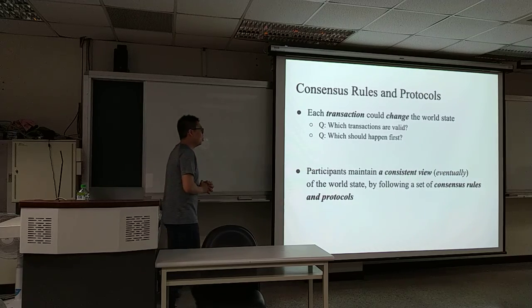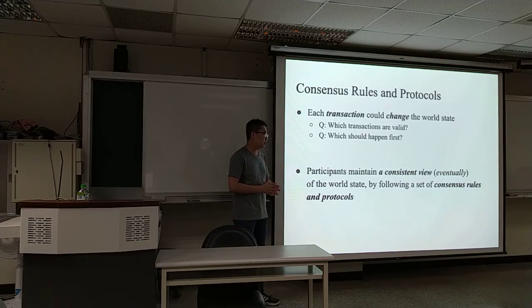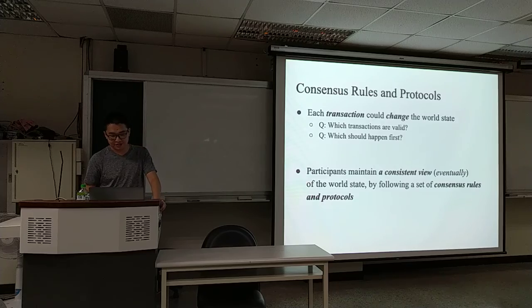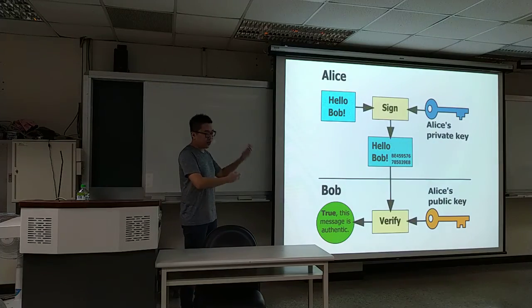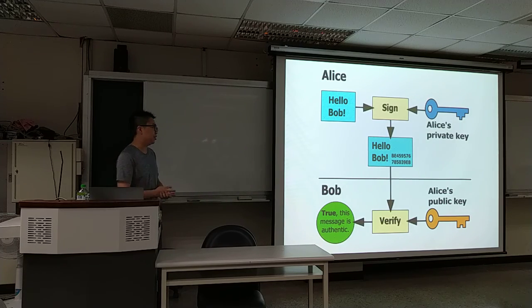So consensus rules and protocols help us maintain a consistent view eventually, so that everyone can see the same state of the system. And in the blockchain world, the digital signature plays a very important role.